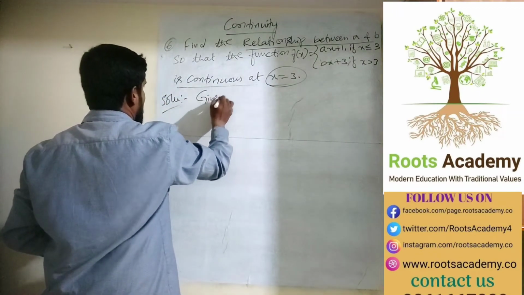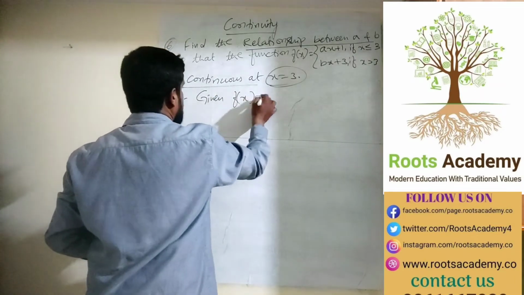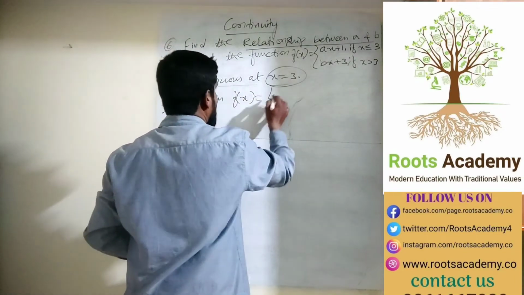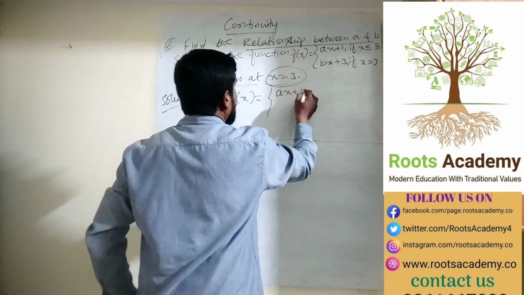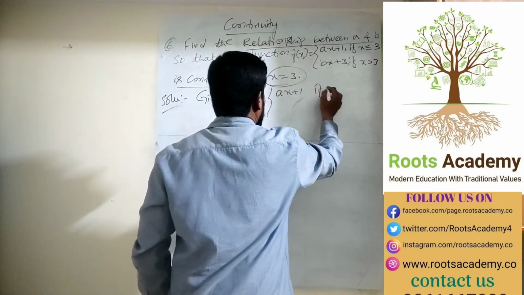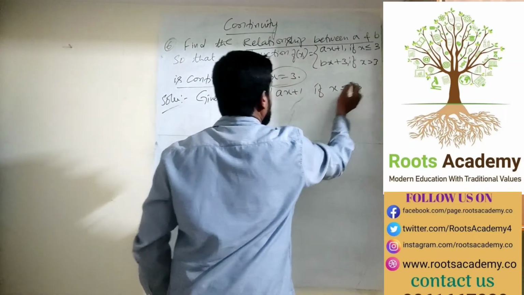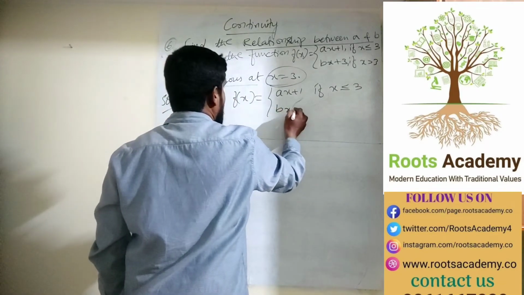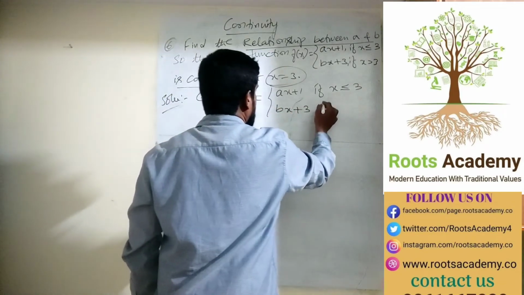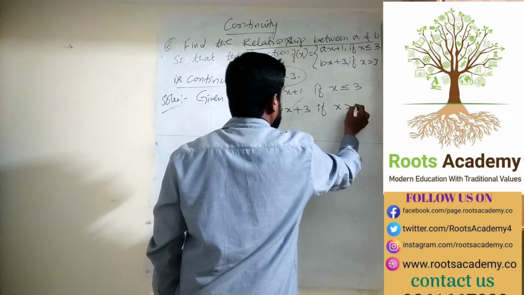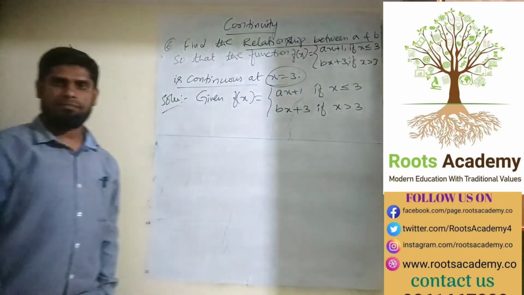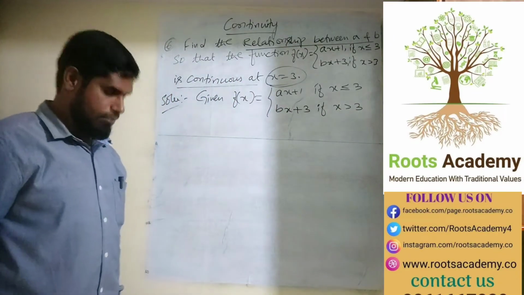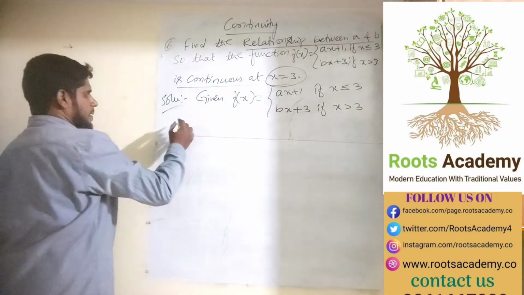Given f of x equals ax plus 1 if x is less than or equal to 3, bx plus 3 if x greater than 3. Okay.